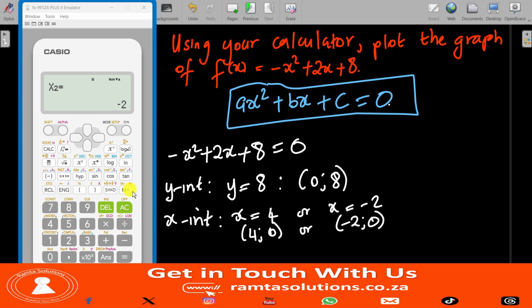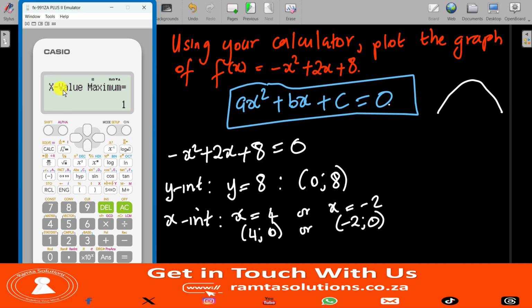Now we need to find our turning point, because you can see that the value of A is negative. This graph is frowning. The graph will be looking like this. Therefore, you will have an x that corresponds to a maximum value and a y that is a maximum value. So we further press equal to.